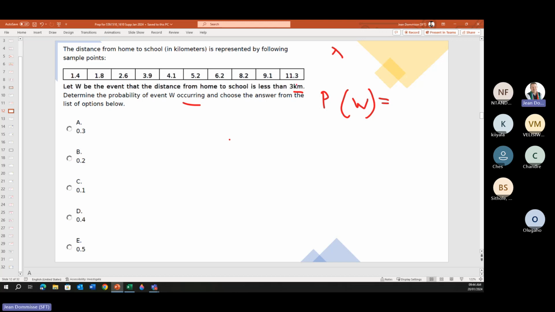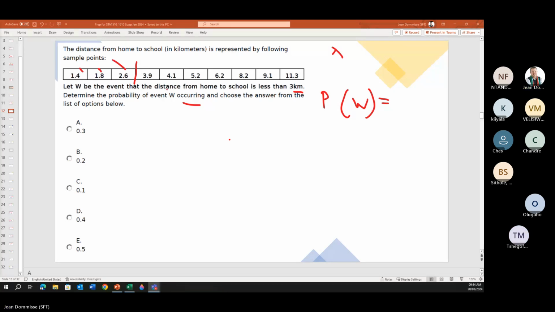Okay. Less than 3 kilometers. 1, 2, 3. And let's just check. Okay, it was ordered, so there's no other one. So less than 3. And let's just see how many there are. 1, 2, 3, 4, 5, 6, 7, 8, 9, 10.